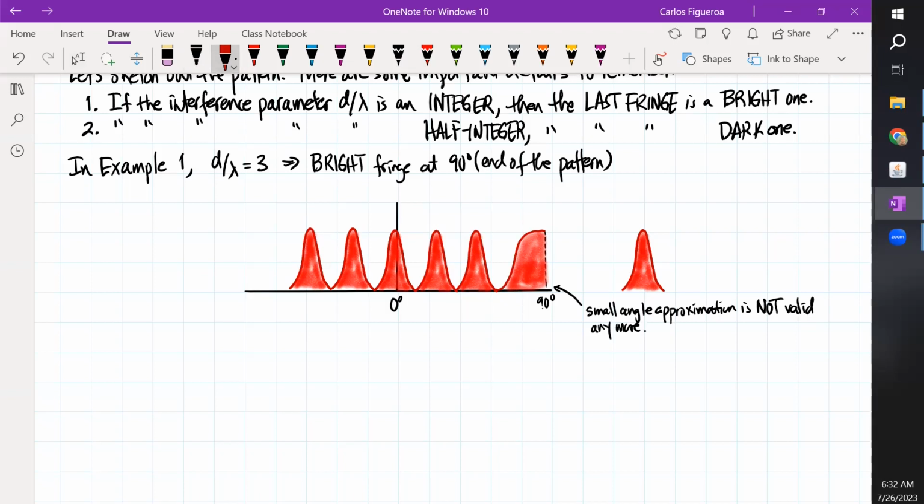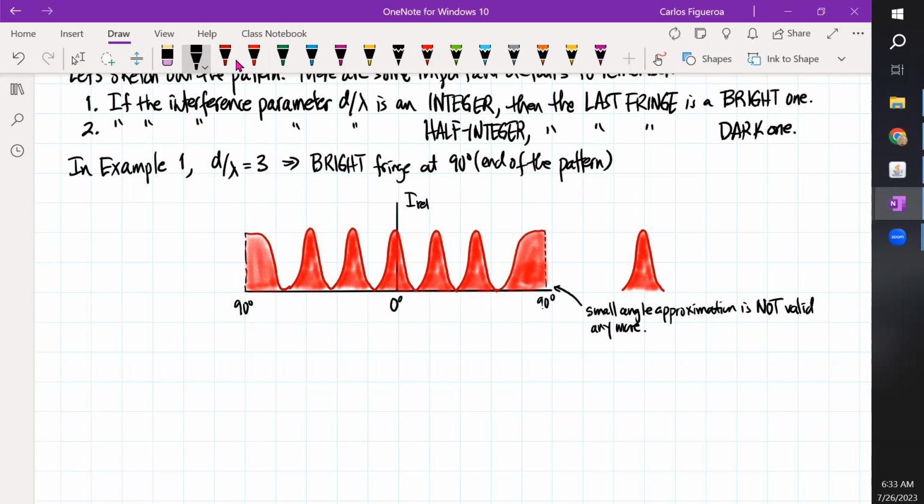So I have to do the same thing with the other one here. And again, here's my 90 degrees. What I'm really plotting here is I relative.